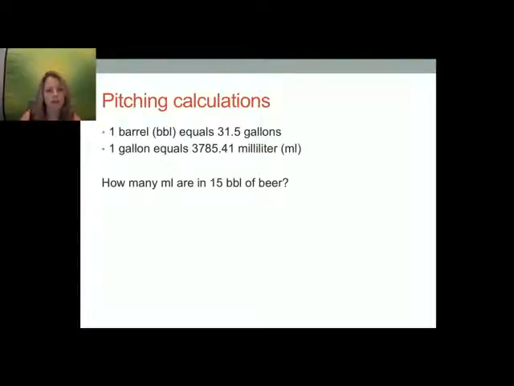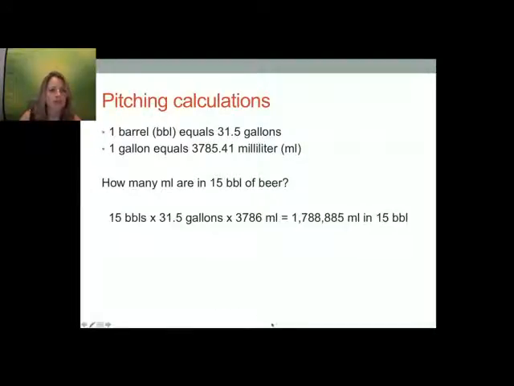So, if you have a 15-barrel fermenter with 15 barrels of wort in it, how many milliliters do you have? In order to figure this out, you take 15 barrels, multiply it by how many gallons are in a barrel, which is 31.5, and then multiply that by how many milliliters are in a gallon. So you have 15 times 31.5 times 3,786, we can round.